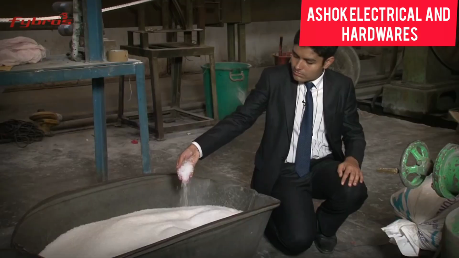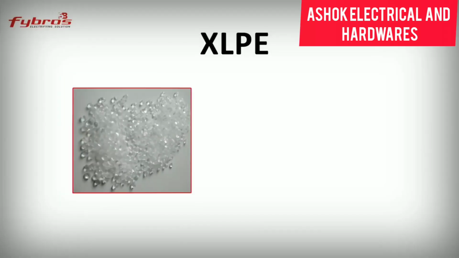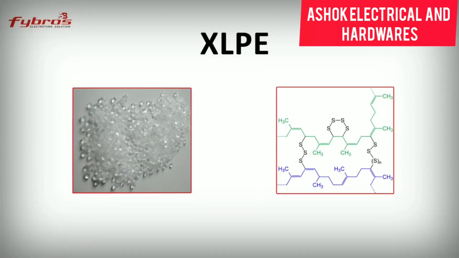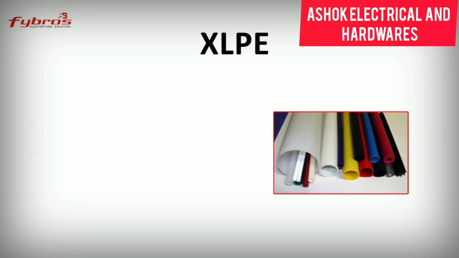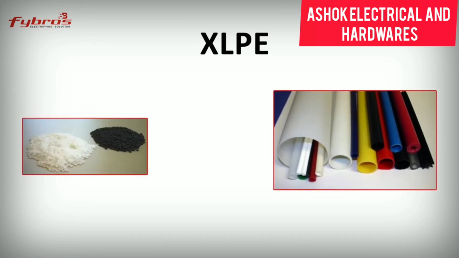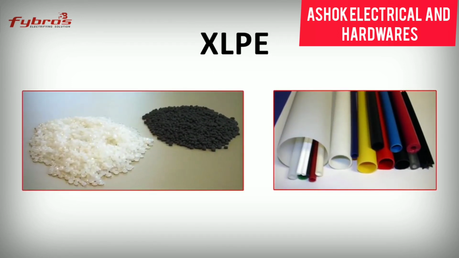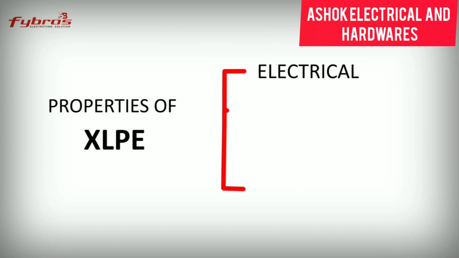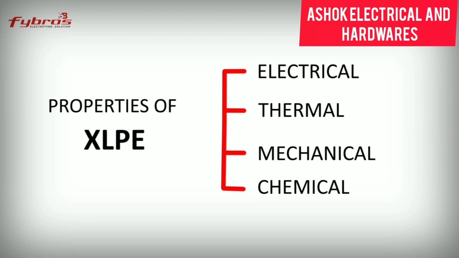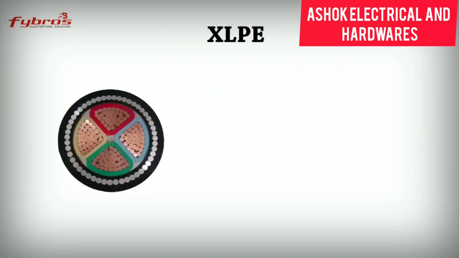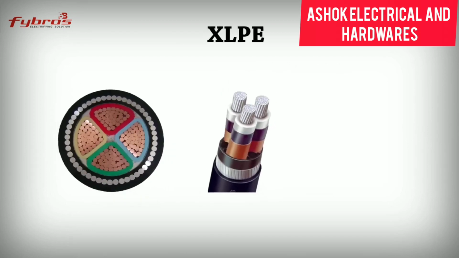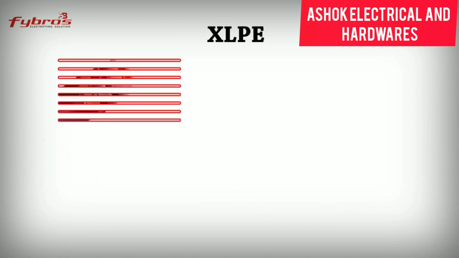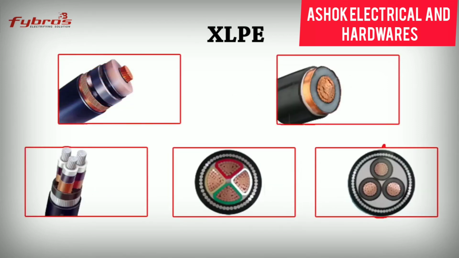XLPE is an abbreviation of cross-linked polyethylene or vulcanized polyethylene. It is a thermoplastic material which has a strong resistance to deformation at higher temperatures. XLPE has excellent electrical, thermal, mechanical and chemical properties. These cables are widely used by the customers, replacing the conventional cables using PVC as insulating material.